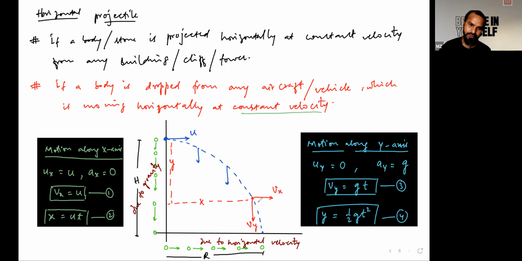The resultant of the two velocities at this point would be called the final velocity, and there is some inclination between them, which we can call theta. Now, on the basis of this, we have to calculate height, range, final velocity, theta, and so on.